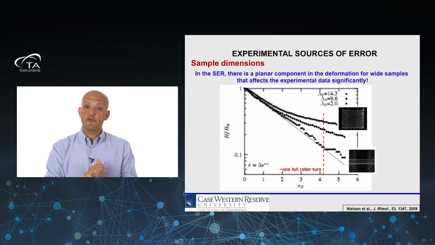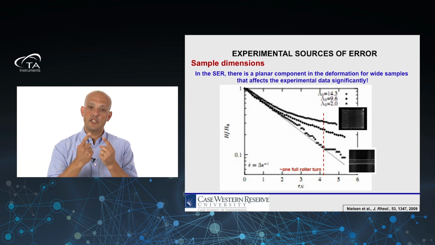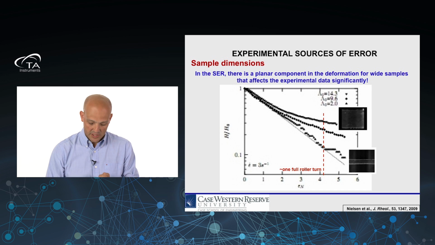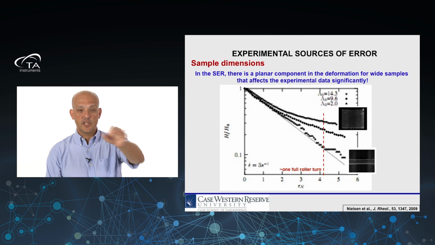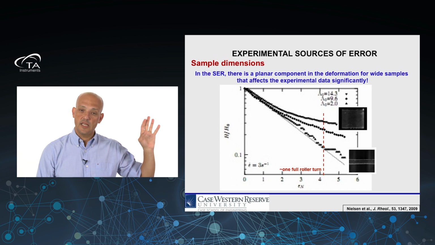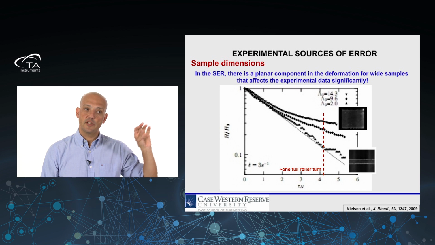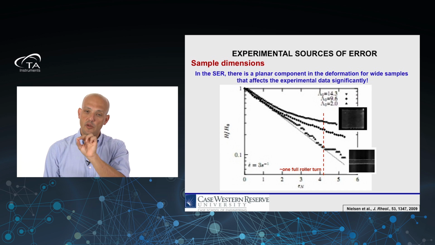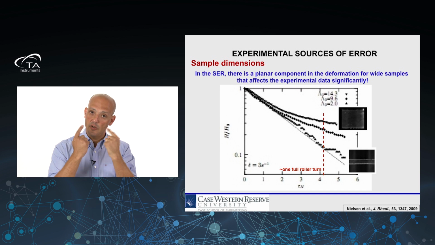And you can achieve that for the thin sample. Obviously, these instruments have an issue, which is after one full rotation of the rollers, the sample winds on itself. For example, you can see there that at very high strains, you have deviations from this uniaxial extension, but that's essentially because the sample now started winding on itself.